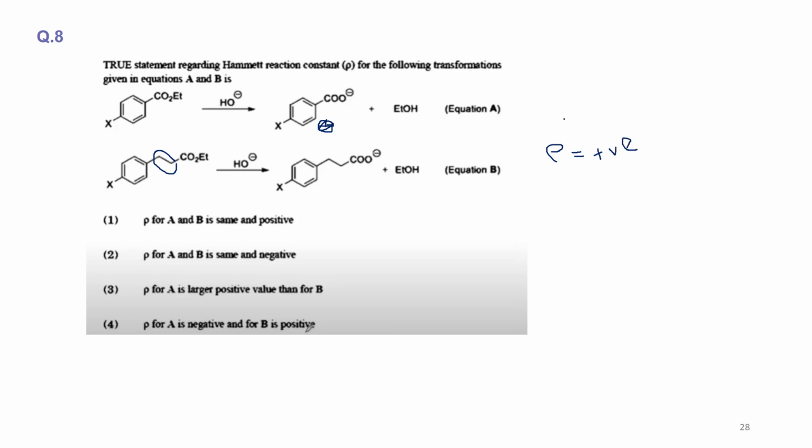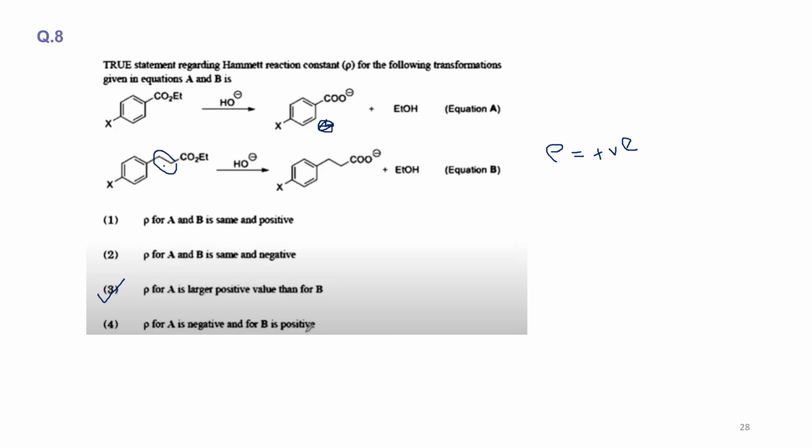In case of A, the rho value will be greater than that of B. So option C will be the correct answer, because here the effect will be less because of this distance. So the correct option will be option 3.